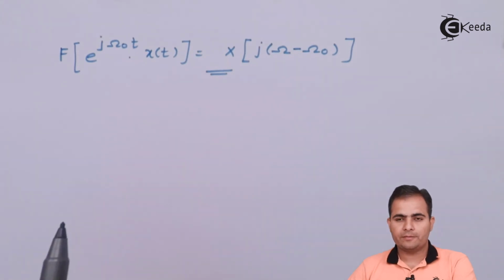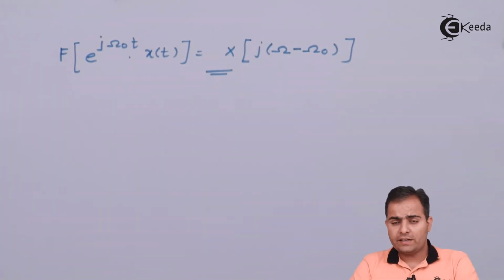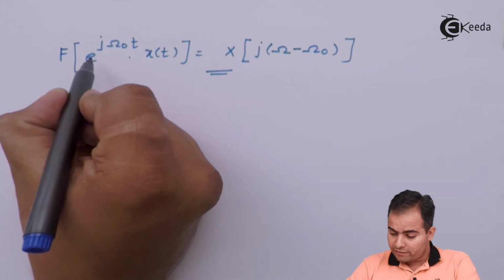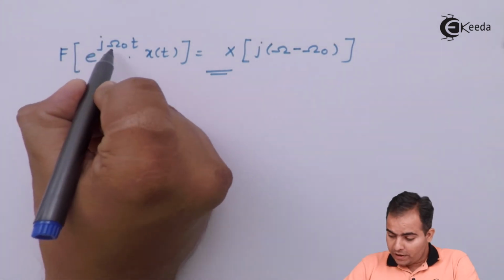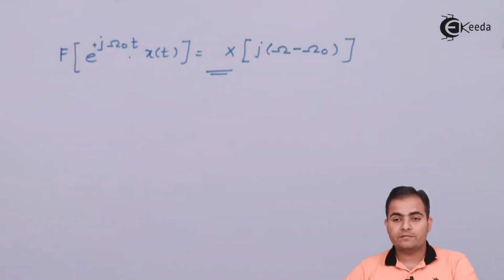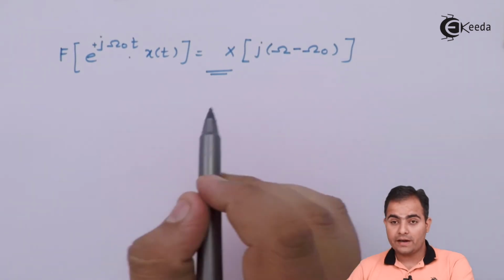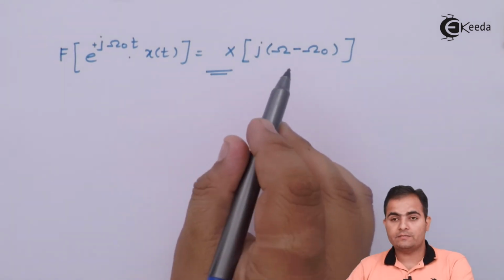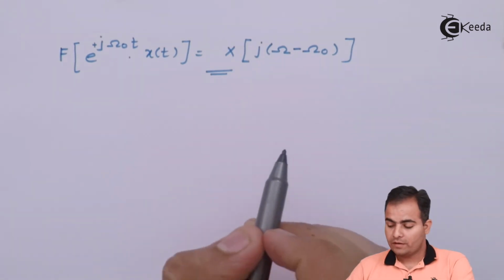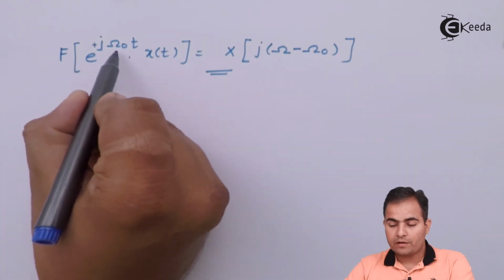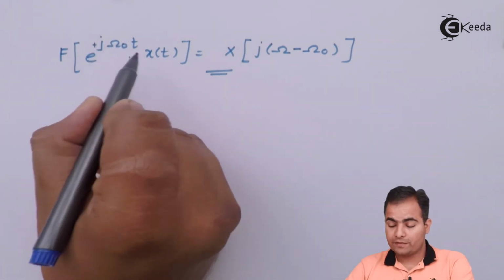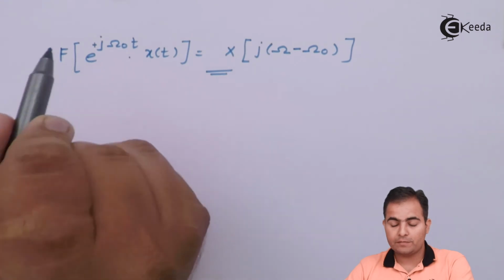Now we will study the next part, that is, if here the omega naught value is positive, or we can say that we have advanced the frequency by omega naught. If we multiply x of t by e to the power plus j omega naught t.